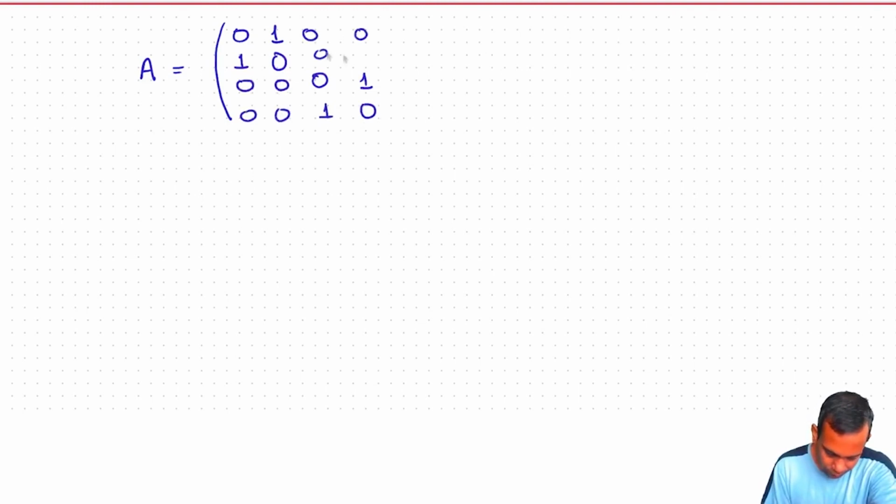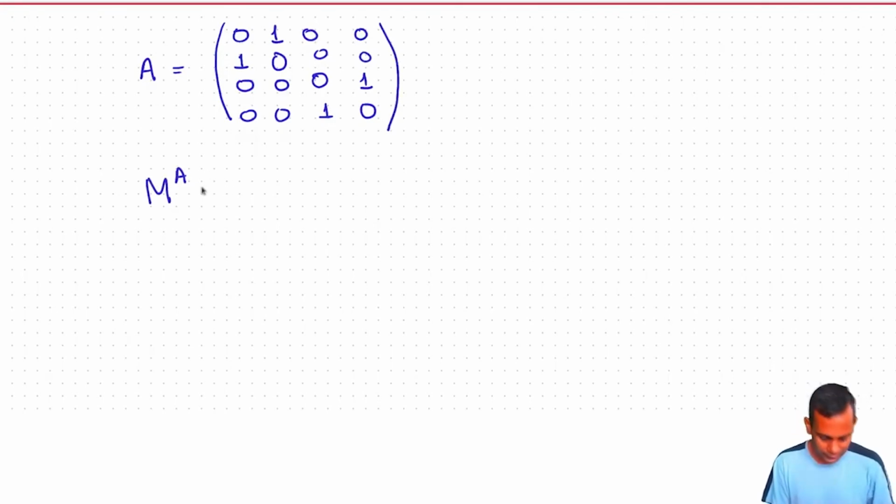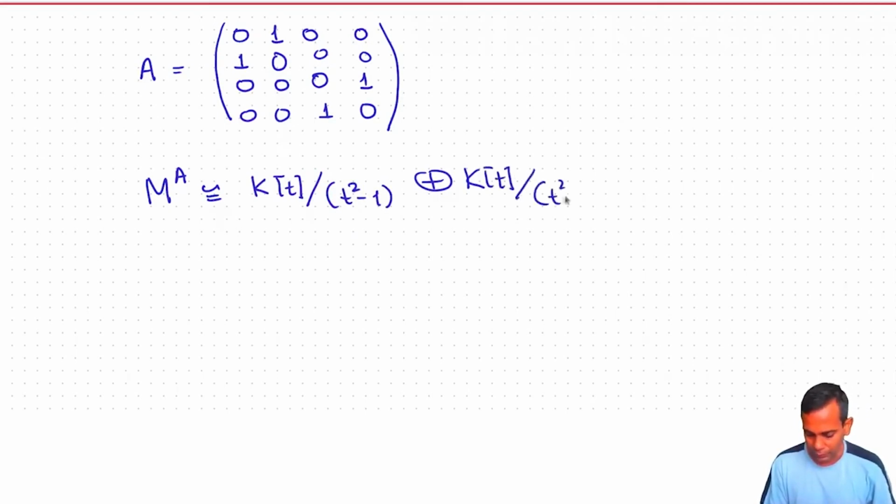Or better still, is to see what the module is. MA, according to the structure theorem, is isomorphic to kt mod t squared minus 1 plus kt mod t squared minus 1. So the thing to do is to factorize these polynomials into their irreducible components.